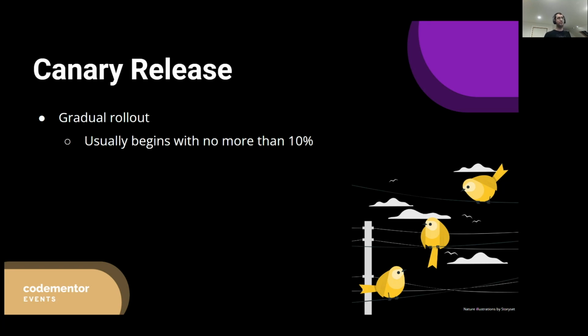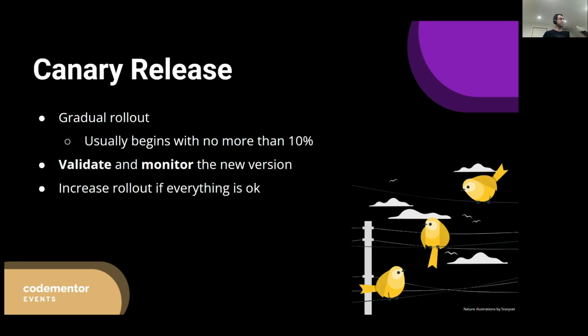You validate what's happening, you monitor the new version, and then you increase the rollout if everything is okay. Sometimes you can do it at once. Again, sometimes you can do it from 10% to 20%, then to 50, then to 100. But in any case, that's the process.